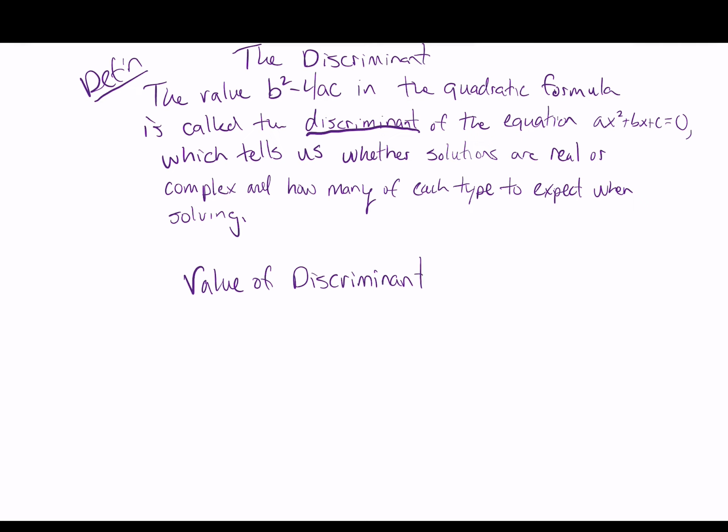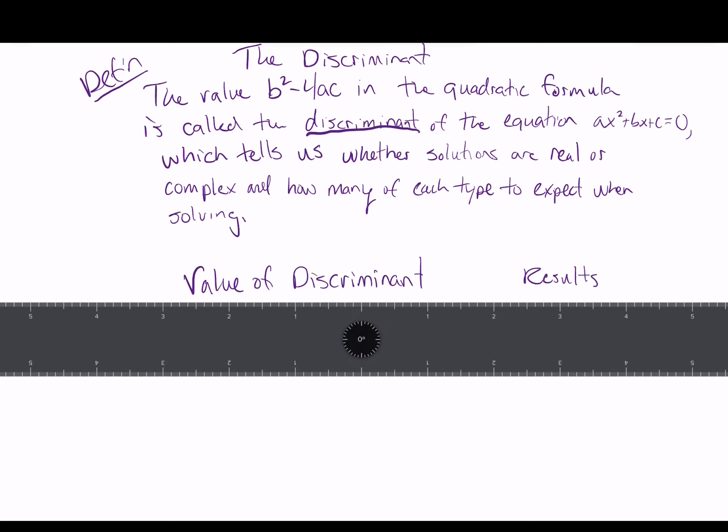Okay, I have the value of the discriminant and the results. It's not quite where I want it. Okay, and we'll bring out the handy dandy ruler so we make sure we have a good table.